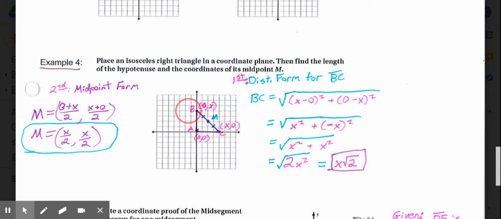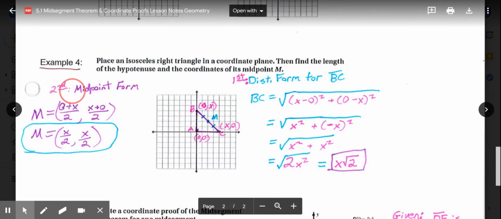So however high up I went for B, I want to go the same distance over for C. So in this case, 1, 2, 3, 4, I went up 4, but I'm not going to use a 4. I'm going to name that point 0, x. And then I'm going to go the same distance to the right to get point C. So that would be x, comma 0.